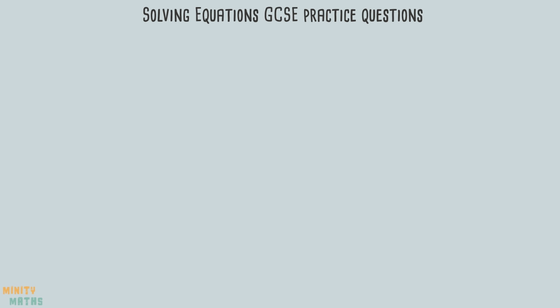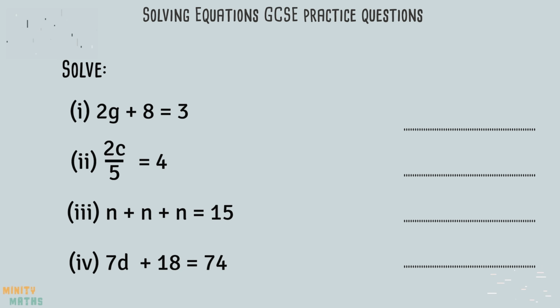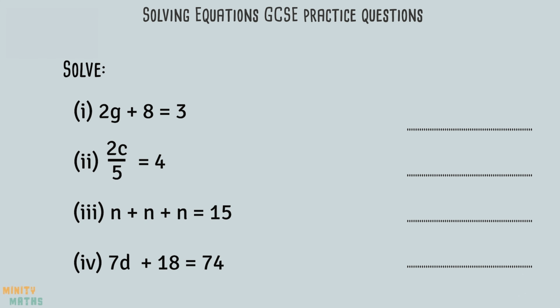The next set of questions are slightly more difficult. The first question requires us to make more than one step to get the variable g on its own. Firstly, we can take away 8 from both sides of the equation. We are then left with an equation which tells us that 2 lots of g equals minus 5.